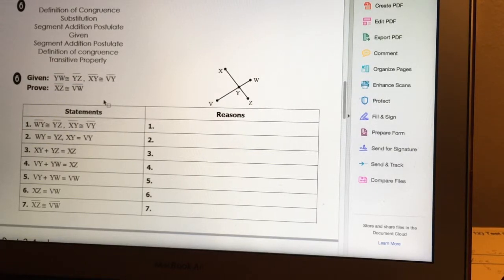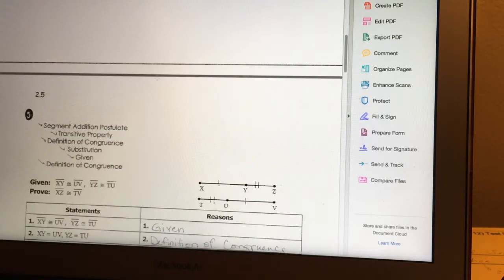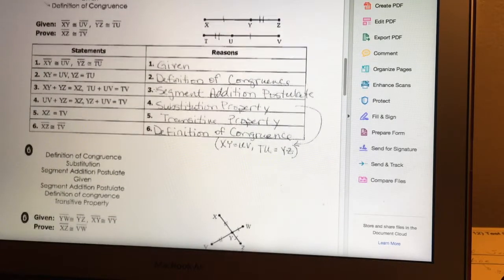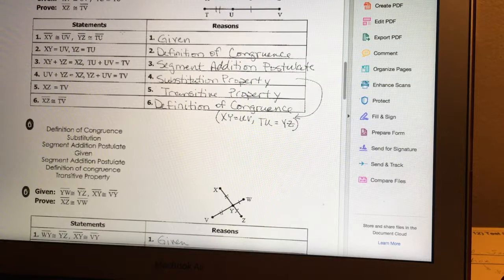And we were trying to prove that since YW equals YZ and XY is congruent to VY, the whole thing from X to Z is congruent to the whole thing from V to W. So, first reason for number 6 was given.